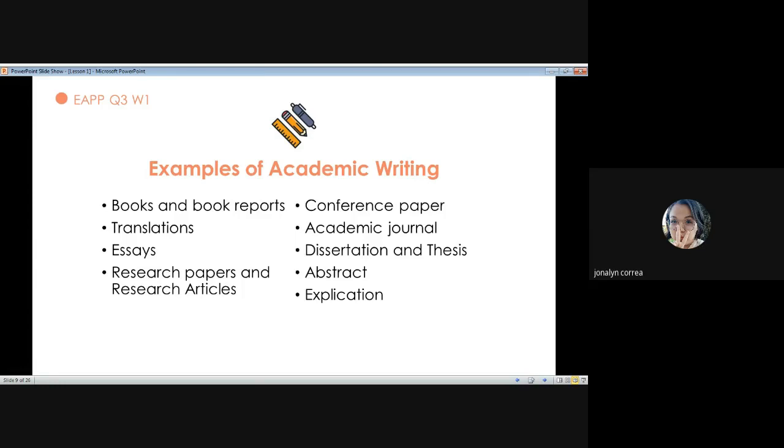Then we have the translations, a text from a specific language translated into a different language. Then essays, mostly essays. This essay, which what we are referring here, are the essays that we somehow read in the newspapers.